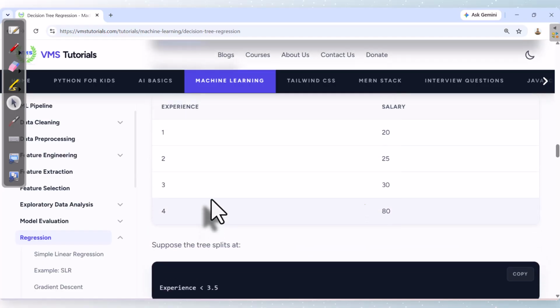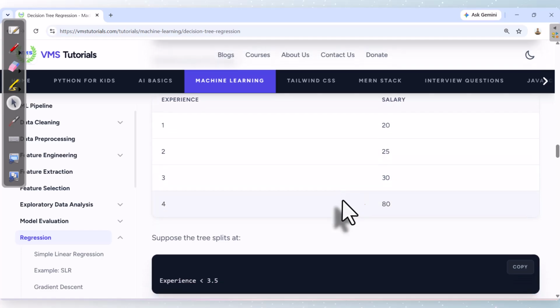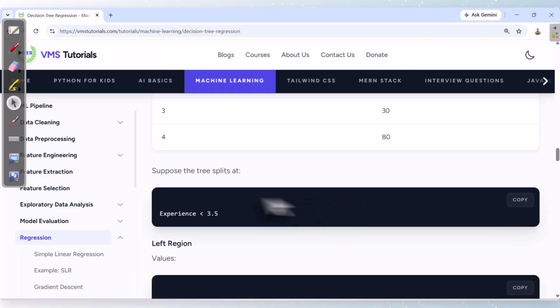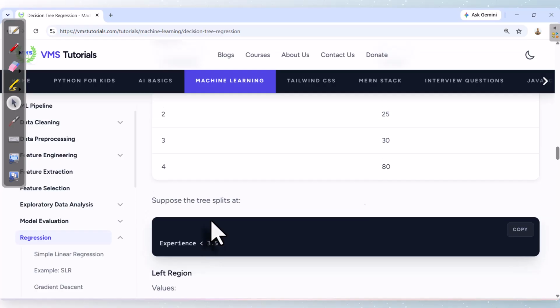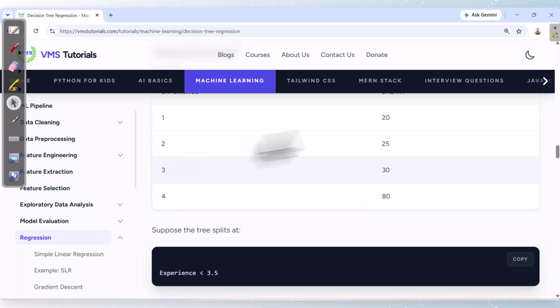So in this example, suppose we have data: experience 1 for 20, 2 for 25, 3 for 30, and 4 for 80. Suppose the split is experience less than 3.5. It means the first 3 points will come, 20, 25, 30.